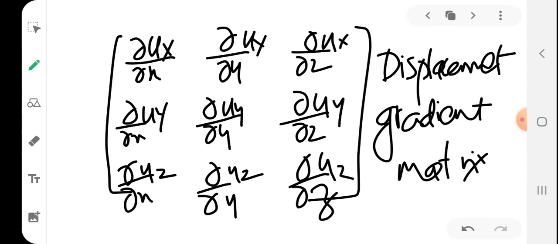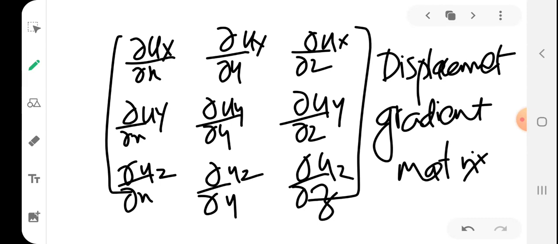So these are the gradients of the displacement components at a point P in the x, y, z directions. You know how to find the gradient of a vector. You might have studied in your maths class gradient, divergence, curl, and all.